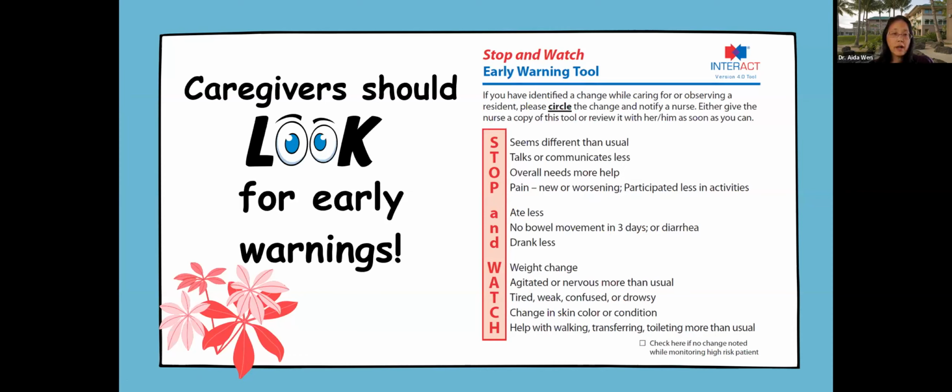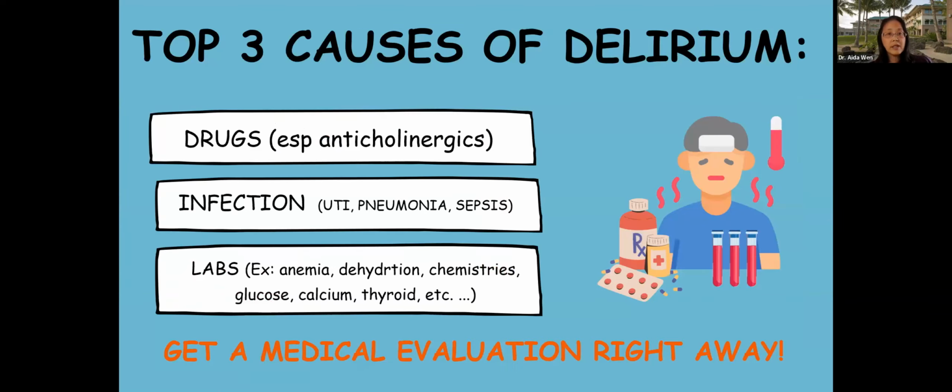So why do we need to determine if somebody has delirium early, right? Because the top 3 causes of delirium are medically reversible problems. They're medical problems. A lot of drugs, especially a class called anticholinergics, can precipitate delirium.